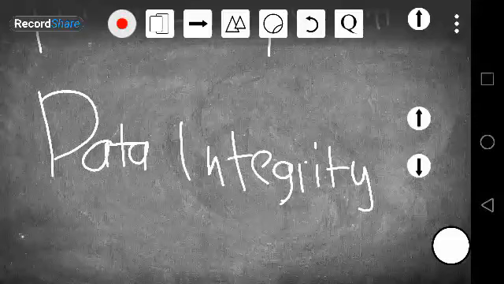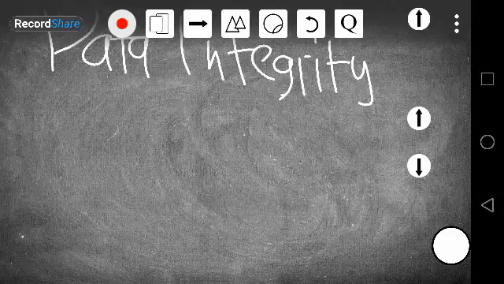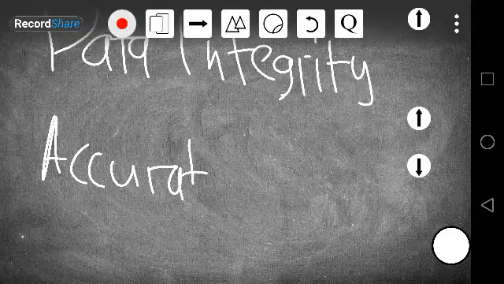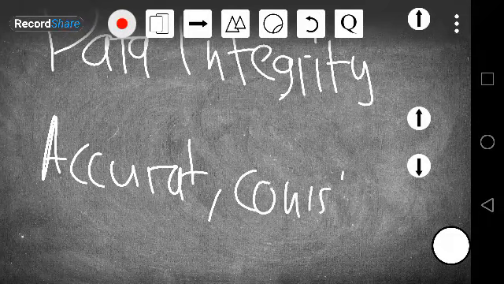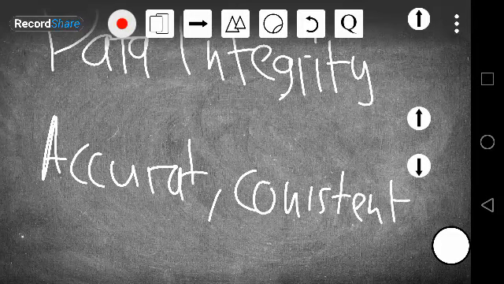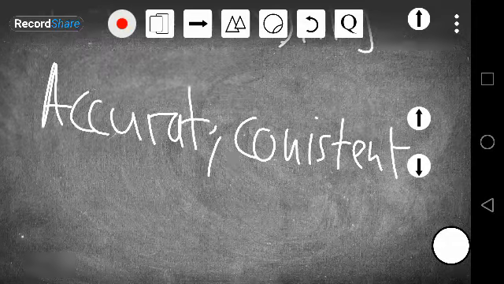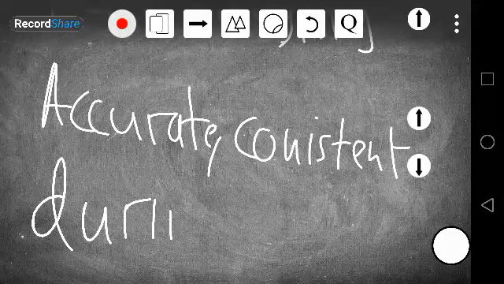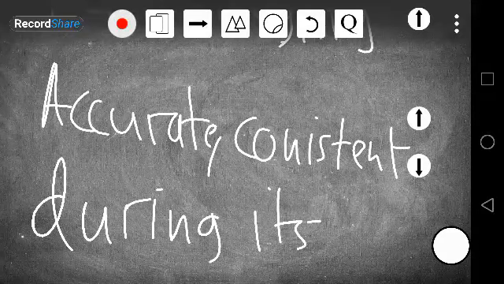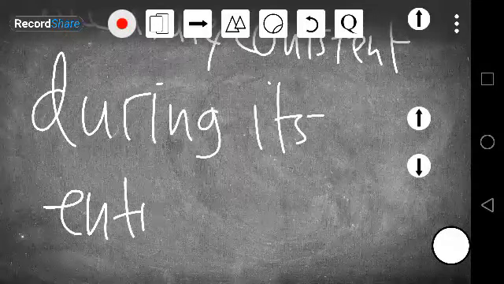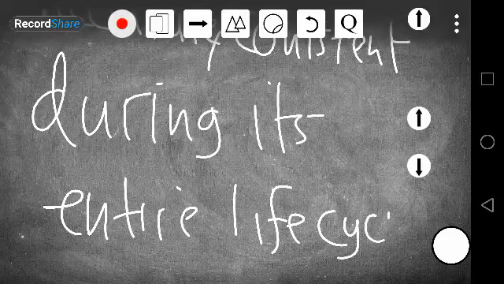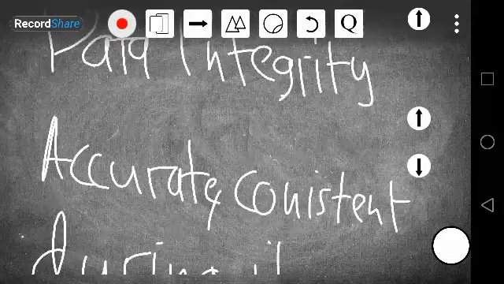Data integrity ensures that data is accurate, data is consistent, during its entire life cycle. During its entire life cycle. Okay?